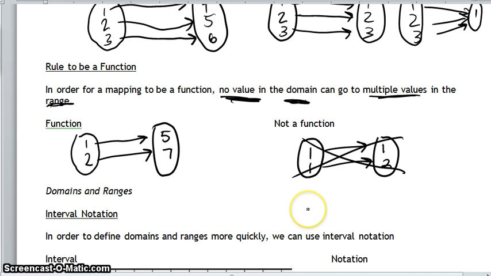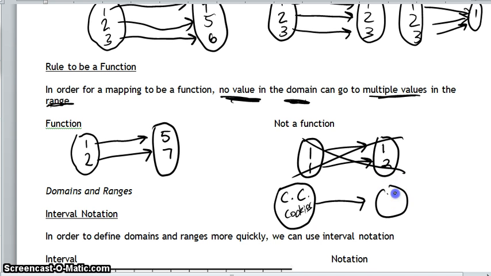So to think of this in a practical example, I'm going to use a cooking example. If I put in all the recipes or all the ingredients for chocolate chip cookies and I put them in the oven, I'm going to get chocolate chip cookies. I can't do this the exact same way and then get blueberry muffins.